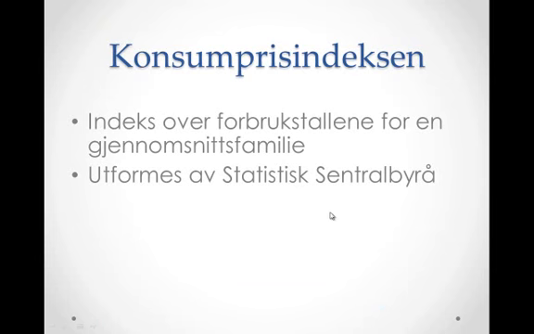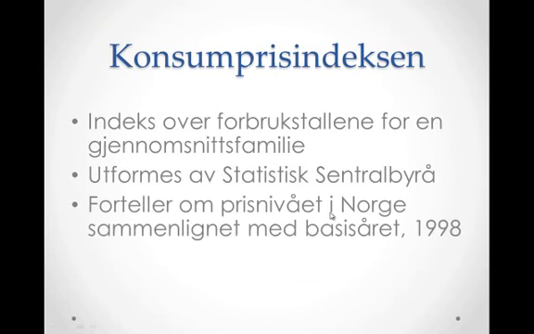So the Consumer Price Index tells about how much an average household consumes, but that also says something about the level of the prices in Norway. And all the time you see that against the base year 1998.